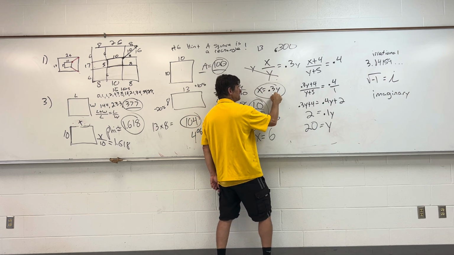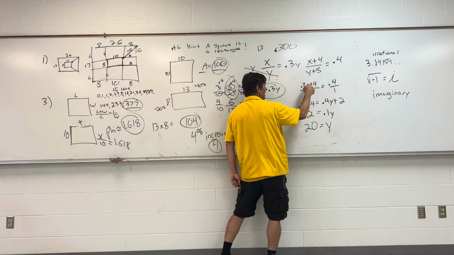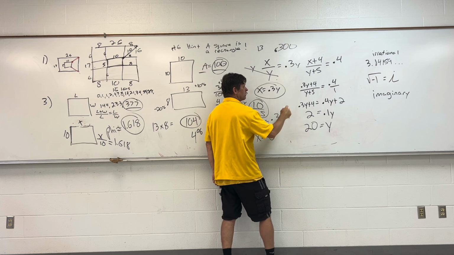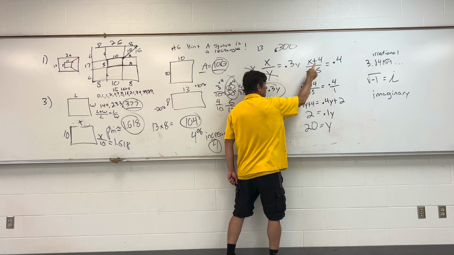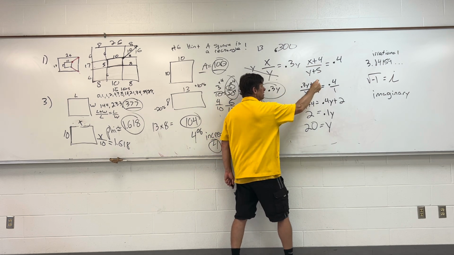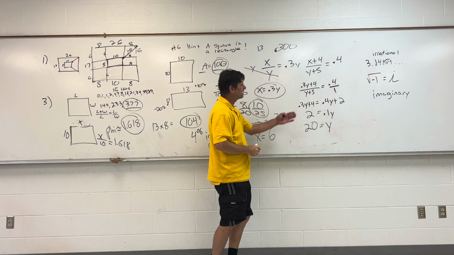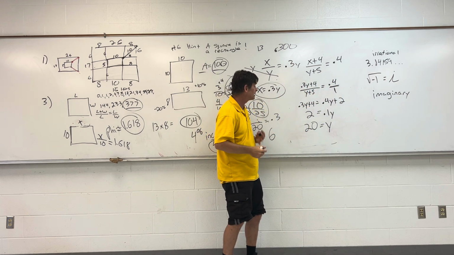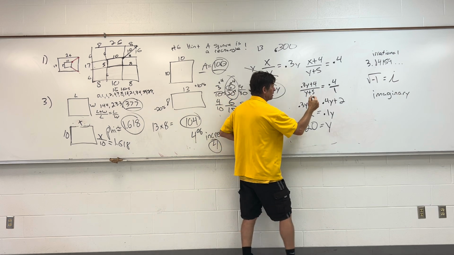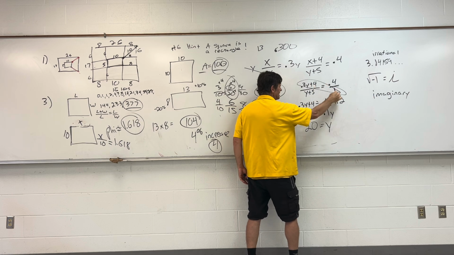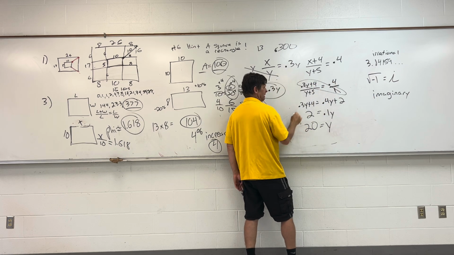I could substitute 0.3y in for x, and then rewrite this formula. 0.3y plus 4 over y plus 5 equals 0.4, and I just put it over 1 to make it a ratio where I can cross multiply. I don't know if you guys have learned how to cross multiply. That times that is equal to that times that.